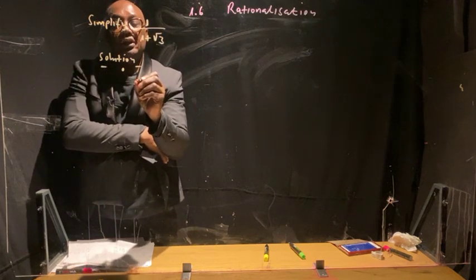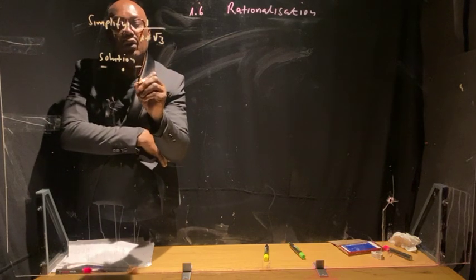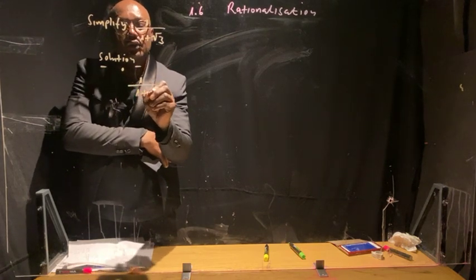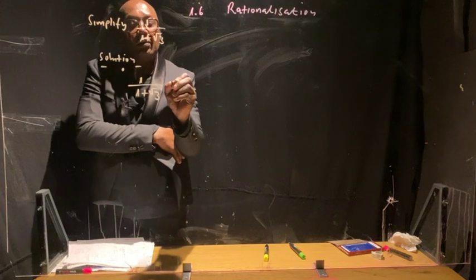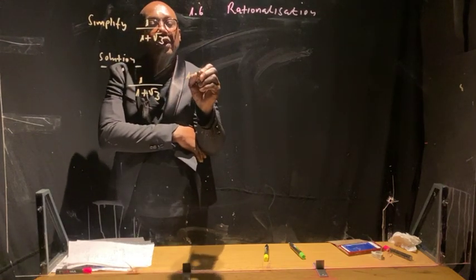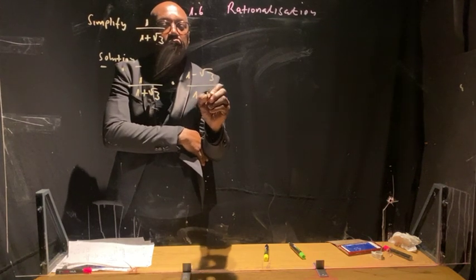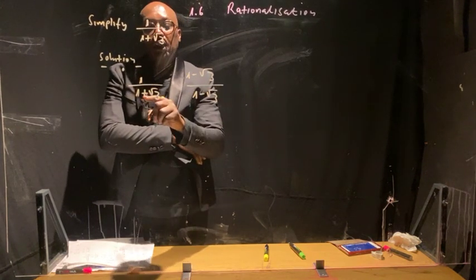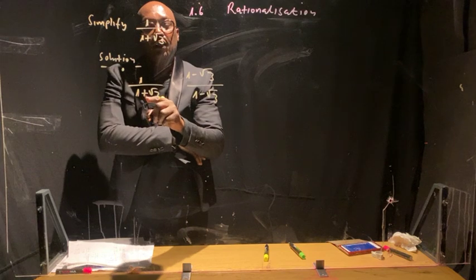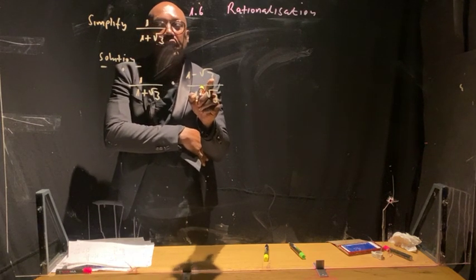In rationalization, you write down what is given: 1 over 1 plus root 3 multiplied by, at this time, 1 minus root 3 over 1 minus root 3.